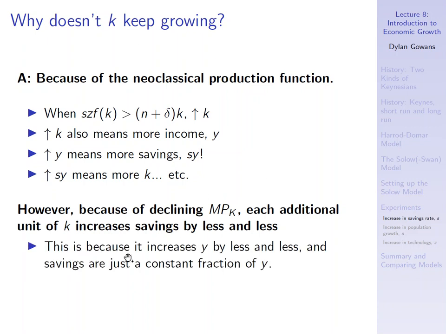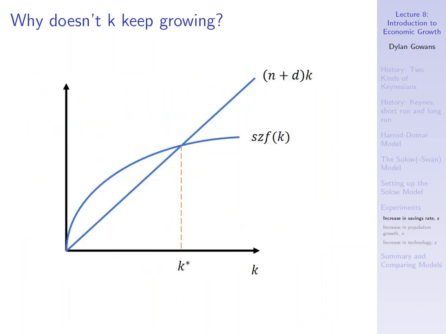As I say here, this is because it increases y by less and less, and therefore savings also increase by less and less as capital per worker increases. Here's what I mean. You can see it here. Imagine we're currently in this state, at this level of capital. It leads capital to increase. But as capital increases, the amount of additional savings we get is smaller and smaller, right?